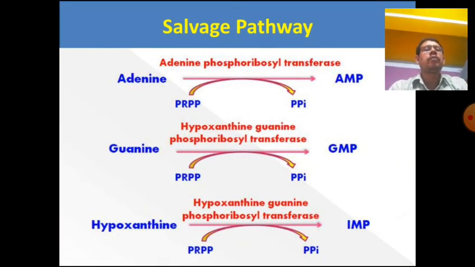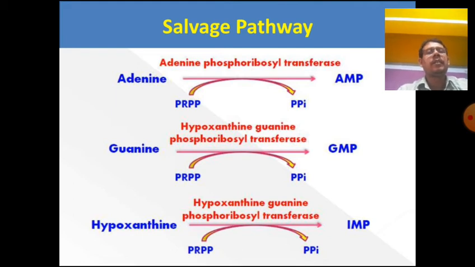Another is the salvage pathway. In this case, AMP, GMP or IMP is produced directly from the foods or from the degradation of DNA and RNA. Adenine, by adenine phosphoribosyl transferase, is converted to AMP.